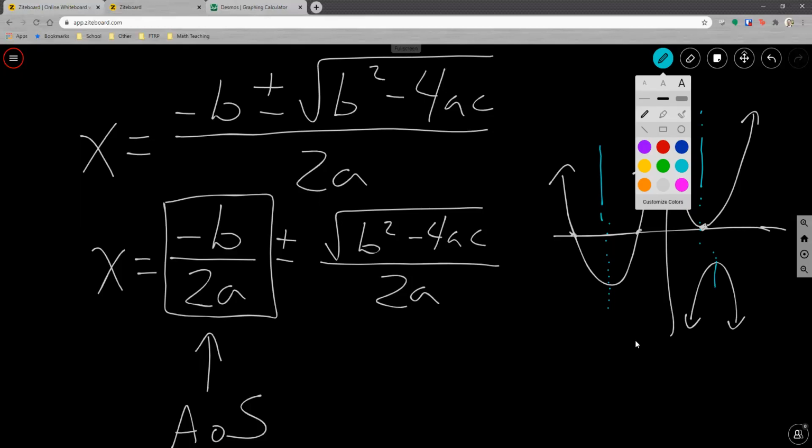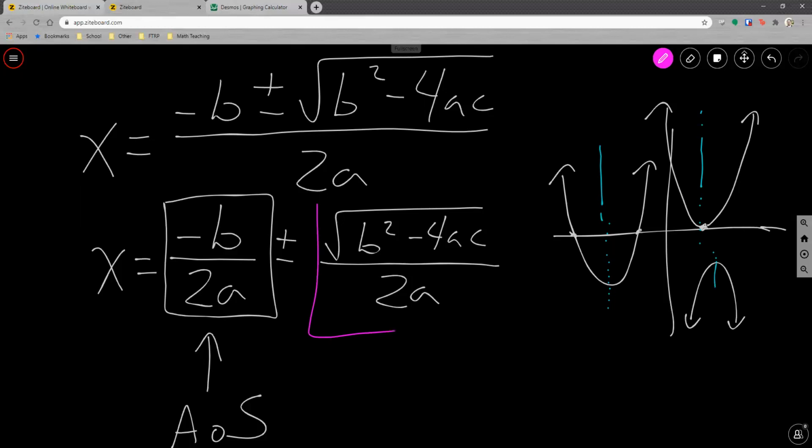This second portion with the discriminant, what this is telling us, this plus or minus and this weird number over 2a, this is actually the distance from the axis of symmetry to the intercept. So if I've got a positive value in this, I'm going to have two different values, one plus and one minus, that are going to give me two separate intercepts.